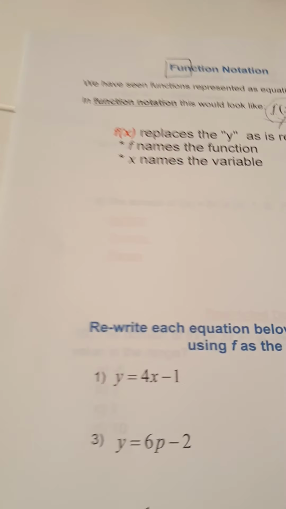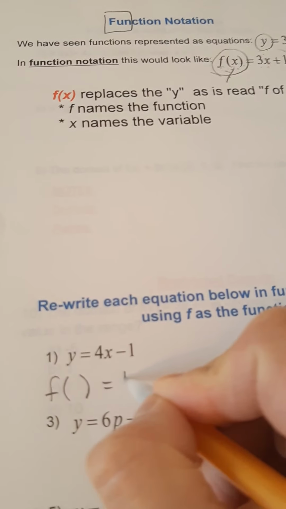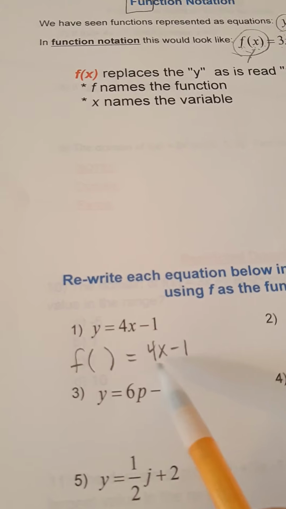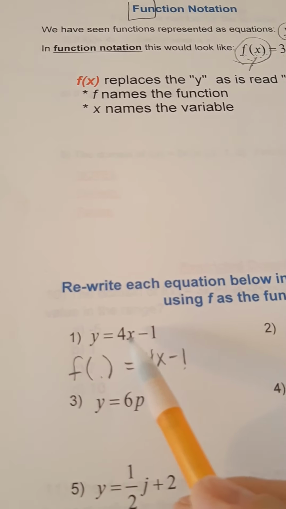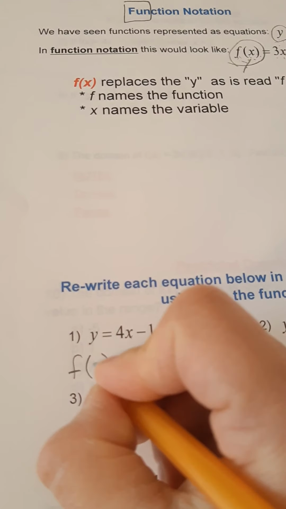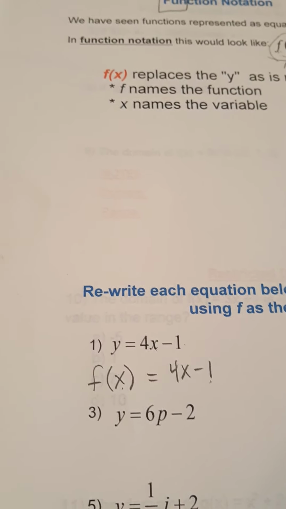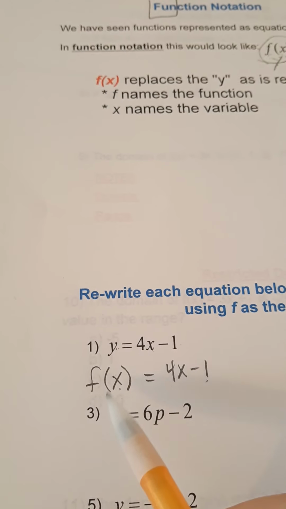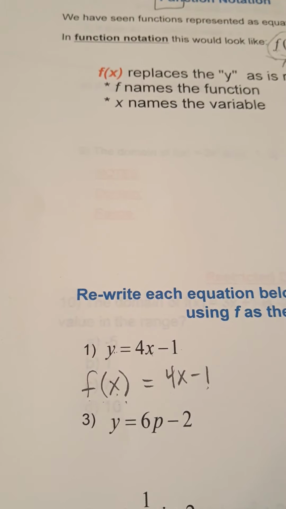So I know the easy part is this part always stays the same. Now I've got to figure out what variable goes there. Well, whatever is in the equation on the right-hand side. So literally that's it. You're literally rewriting the left-hand side. You're getting rid of the y and you're putting f, parentheses, whatever the variable is.